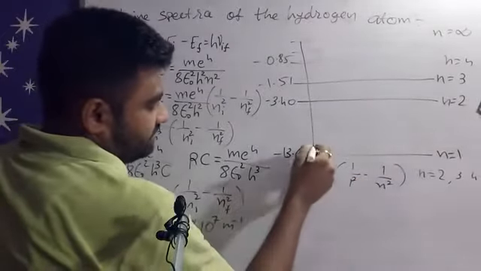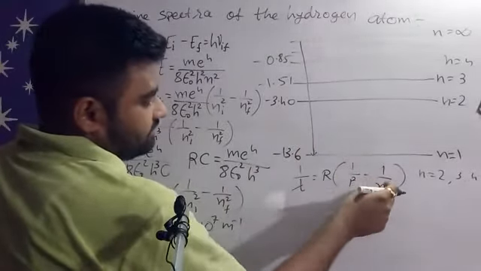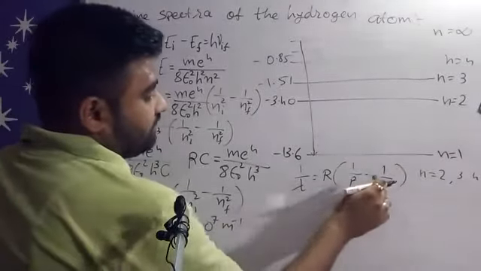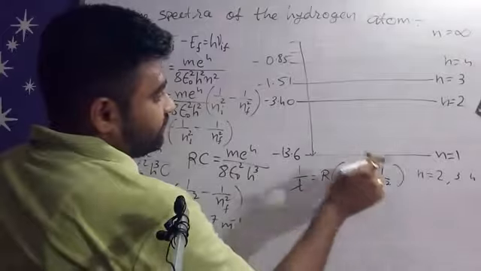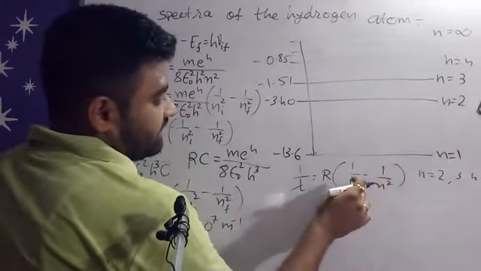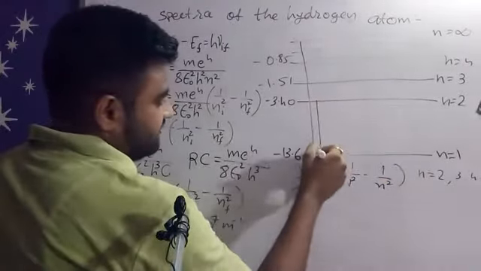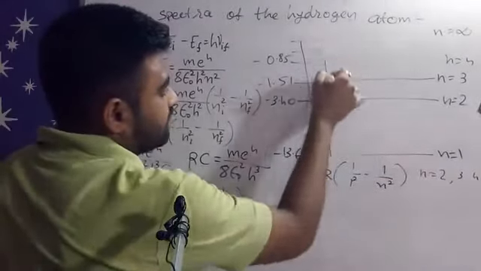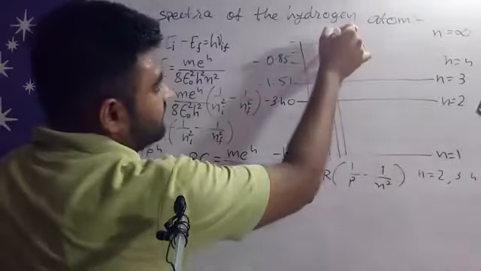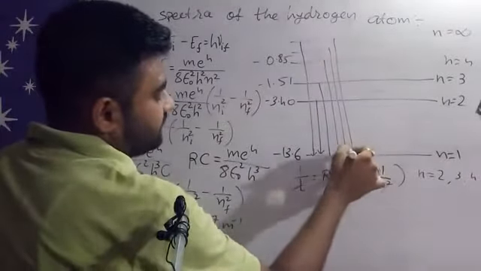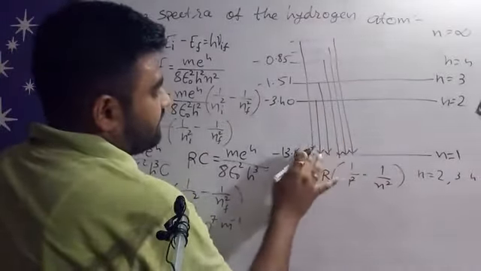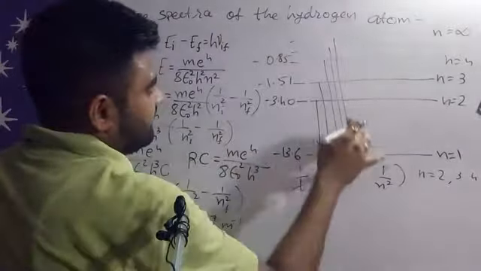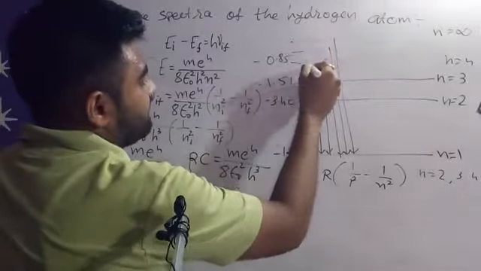Putting different values, we get 2 to 1, then 3 to 1, then 4 to 1, 5 to 1, then infinity to 1, up to infinity.